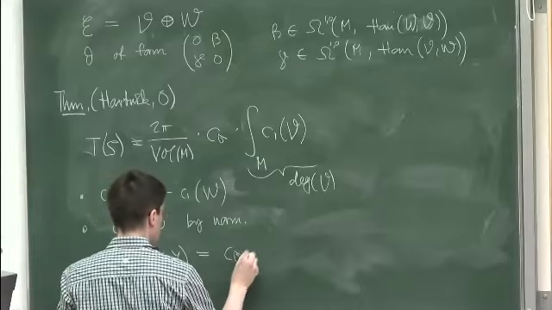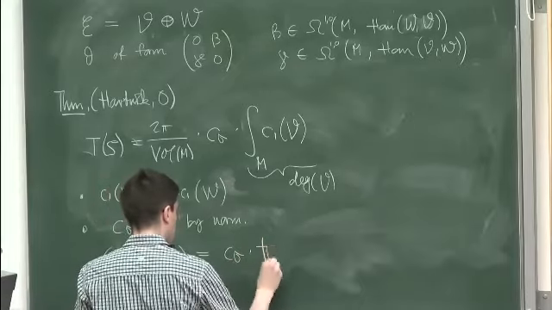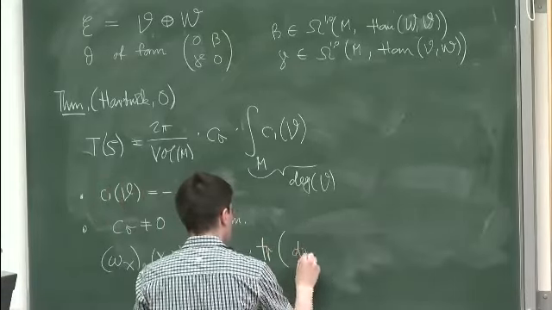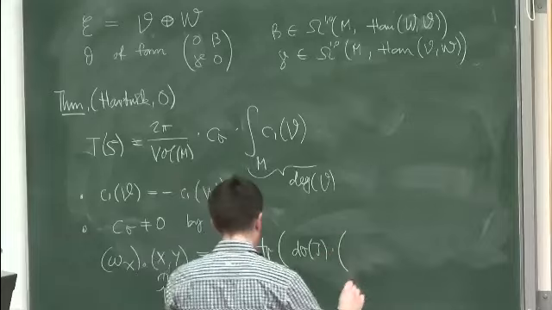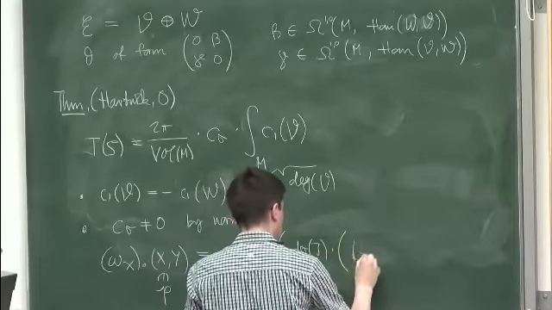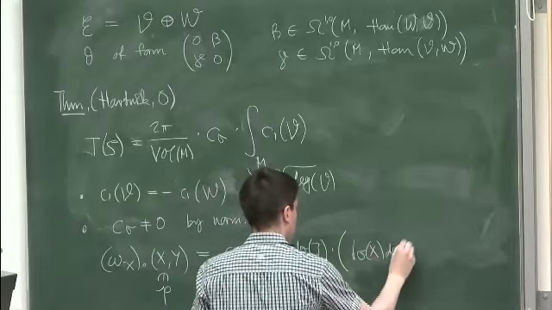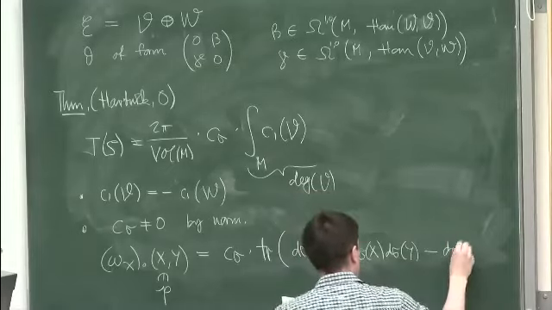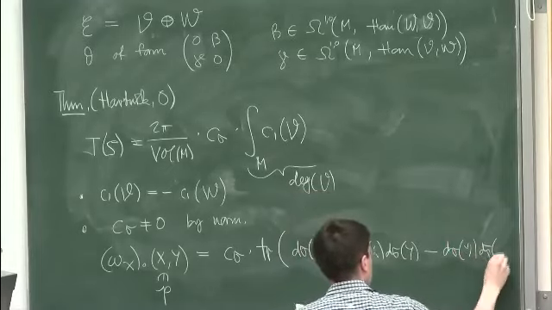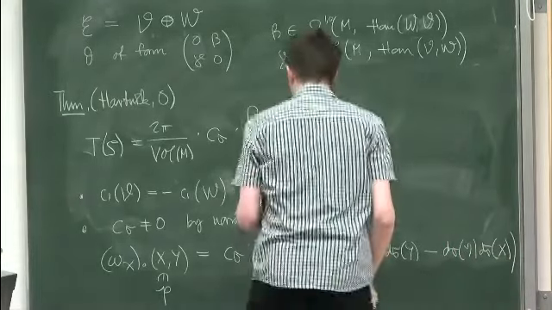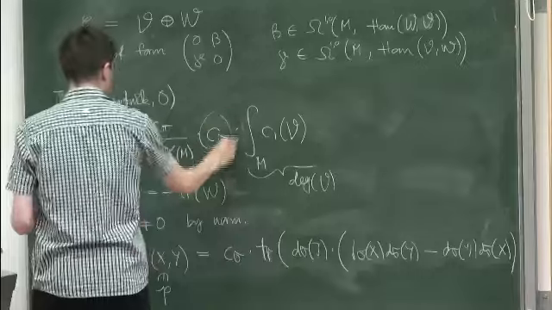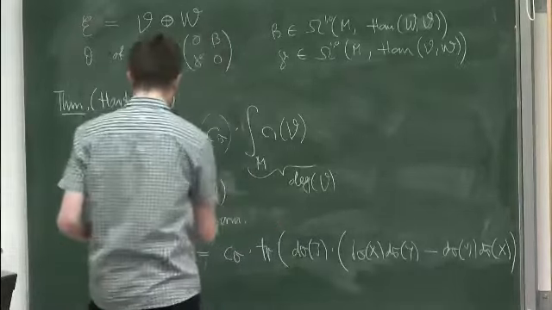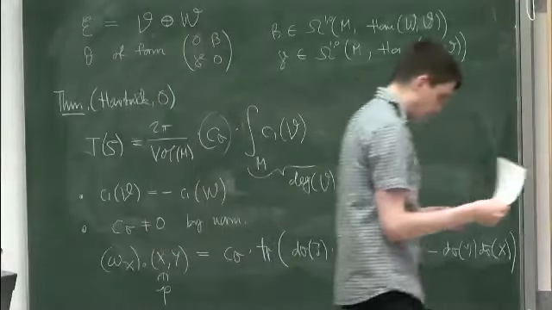So we can fix a constant to make it equal to the trace of d sigma I times d sigma X, d sigma Y minus d sigma Y, d sigma X, right? In this way we get this constant here, just out of the properties of this admissible representation.